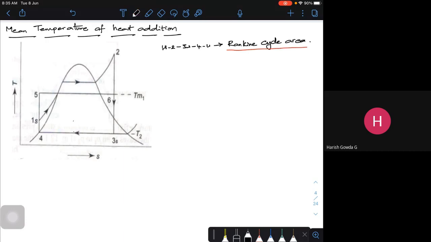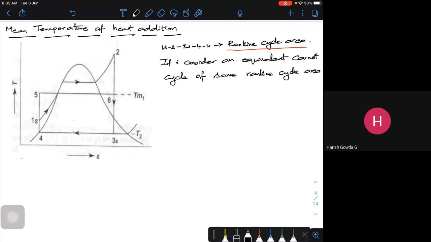If I consider an equivalent Carnot cycle of the same Rankine cycle area, that means whatever I want to consider, 1s, 2, 3s, 4 and 1s, whatever the area, I am considering that is this area.